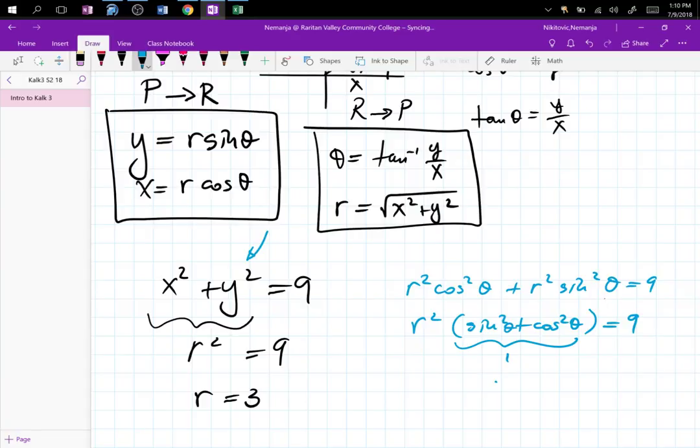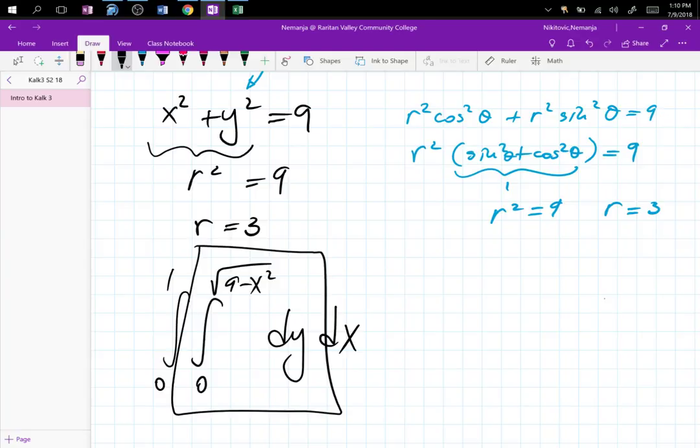When you eventually see the integral from 0 to 1 and 0 to square root of 9 minus x squared, dy dx, you are not going to compute this thing over here so that eventually you can do integration by trig sub. Why?